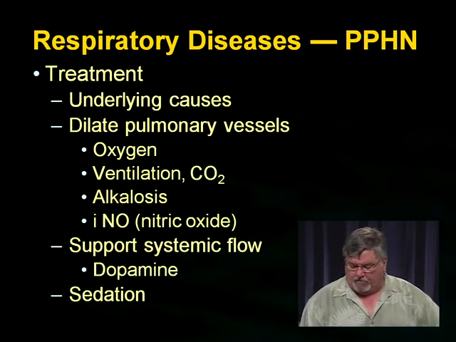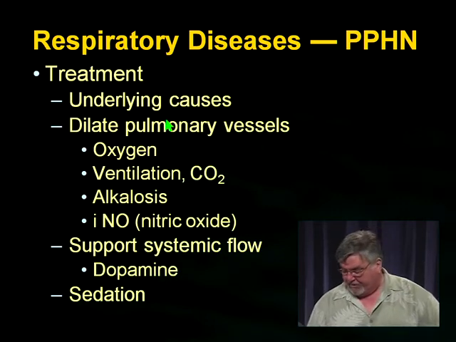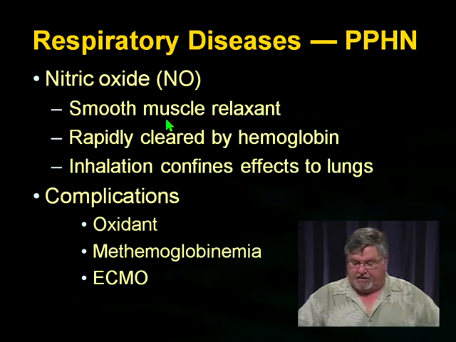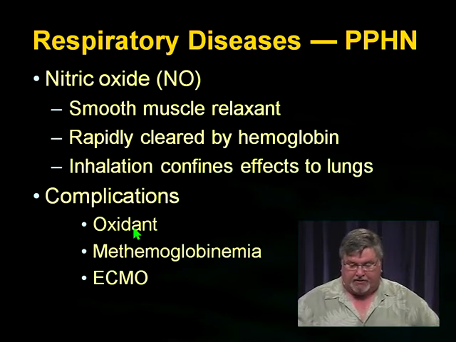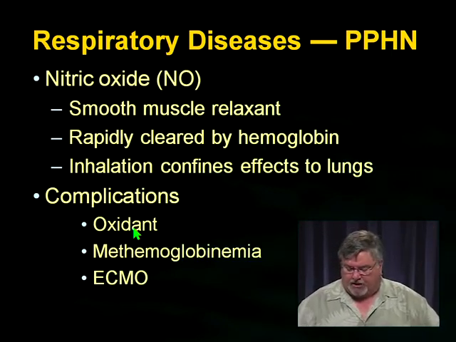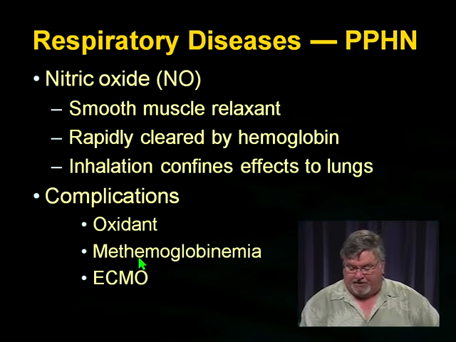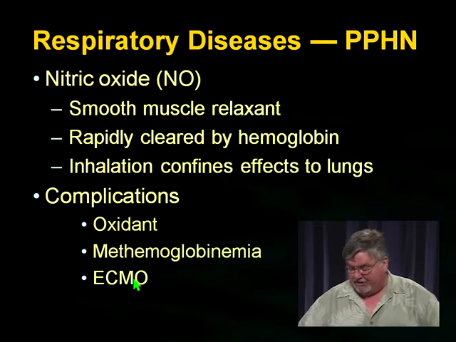So the attempt is to dilate pulmonary vessels or decrease pulmonary vascular resistance. It's a smooth muscle relaxant, and again, inhalation confines its effects to the lungs. The problem is that it's a very potent oxidant, so it tends to form free radicals. Free radicals! And also cause methemoglobinemia. And obviously, the bad complication of pulmonary hypertension is the need for ECMO.